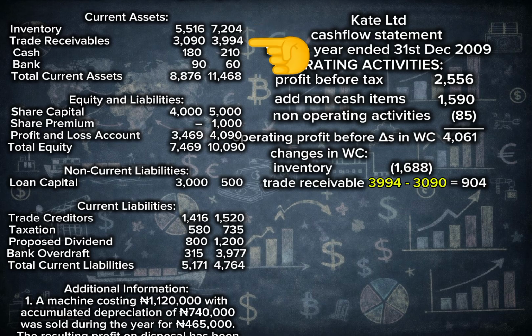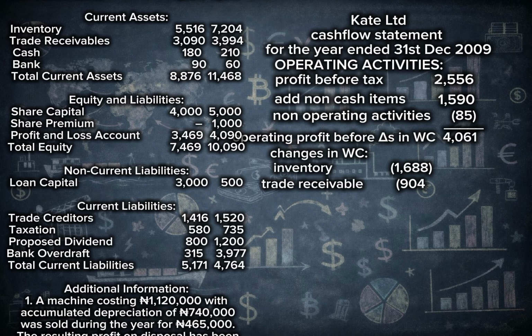Comparing trade receivables of 2009 and 2008, there was an increase of 904,000 naira. And since this means customers are owing us more money and we have not received cash, it will reduce our cash flow. There is no need to compute working capital for cash and bank because cash and bank equivalent are the final result of the cash flow that we are trying to compute.